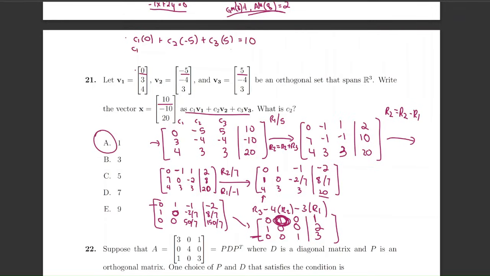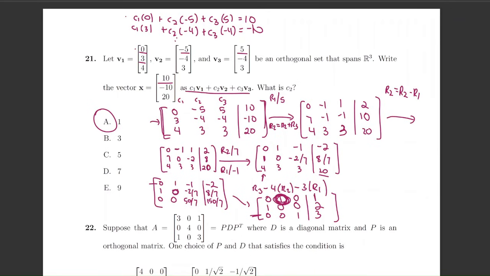And we go down the rows, so we have C1 times 3, plus C2 times negative 4, plus C3 times negative 4 equals negative 10, and onto the last one. So really, this is just a system of equations that we're putting into this form.